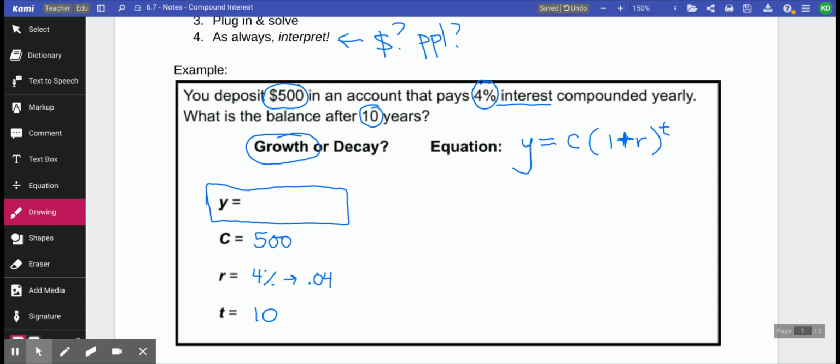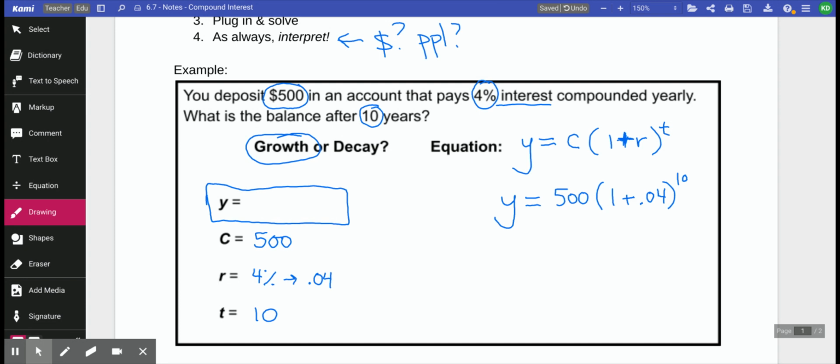Okay, so what I'm going to do is plug these all into my equation. We don't know what y is, so we're going to keep that as y. C is 500, so we're going to put 500. Then our parentheses, 1 plus 0.04 raised to the power of 10. As I go through this, there's only so much that I can do without a calculator.